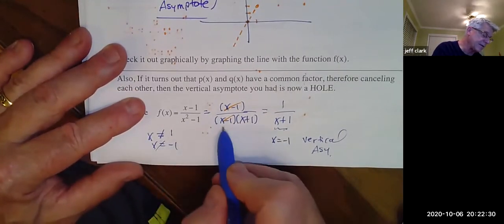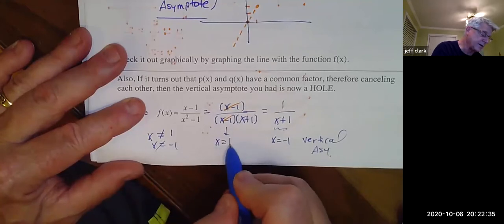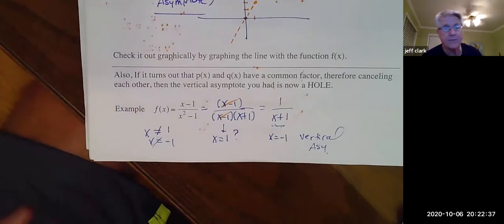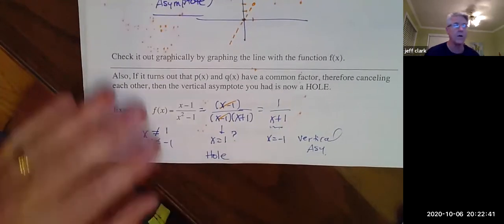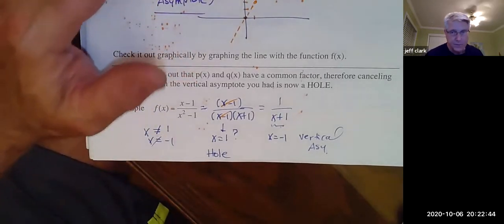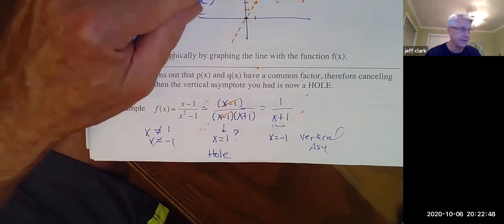But if you said, what about this one? X equals 1. Instead of it being a vertical asymptote, it's now a hole. So here's what it's going to look like by hand a little bit, and then I'll show you by the calculator.